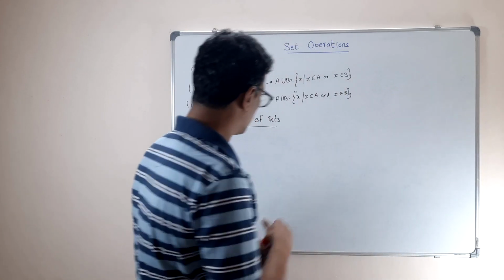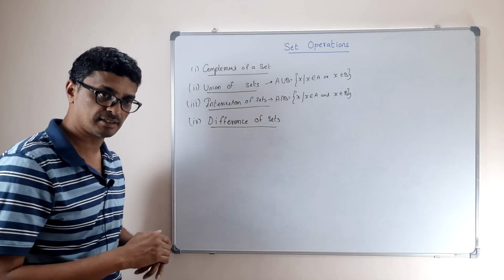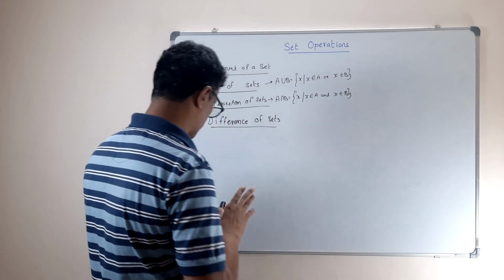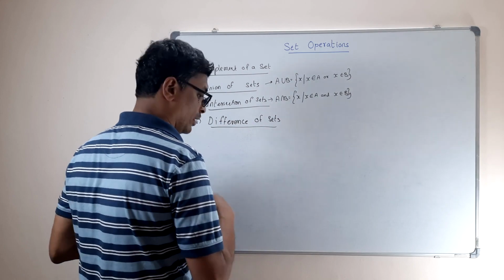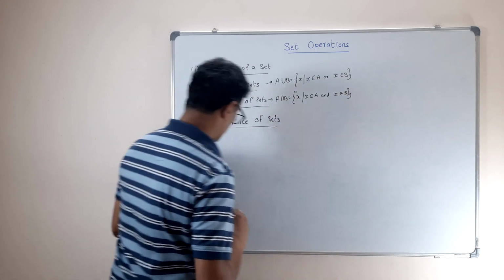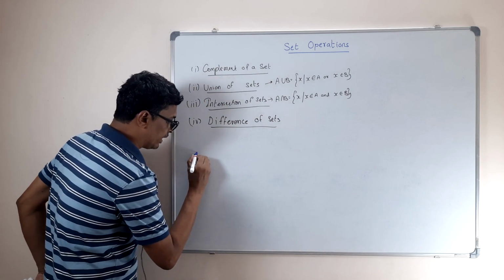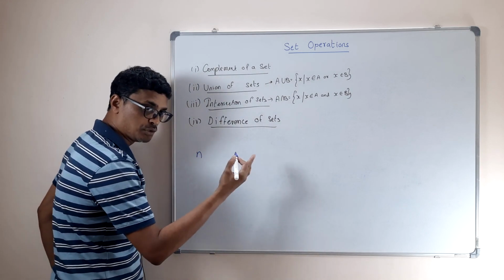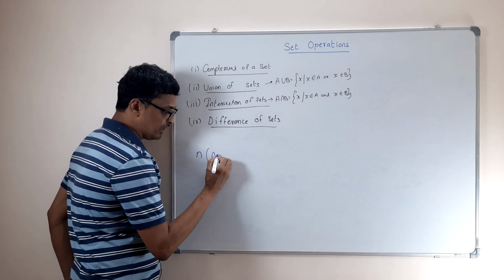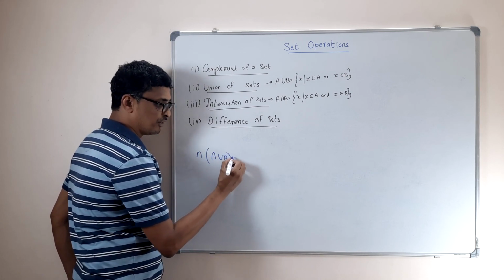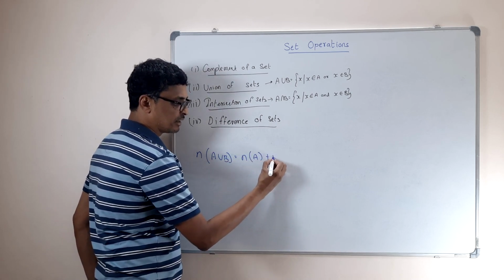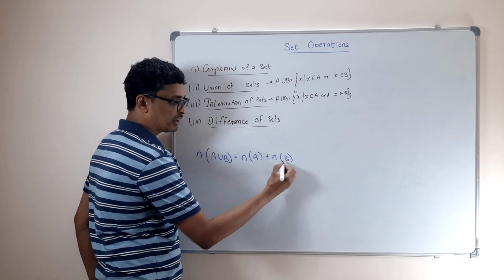Yeah, this is it. So see, the beauty of why we are defining this union intersection is what we can do. Now we can see the cardinality of, given two sets A and B, the cardinality of A union B will be equal to cardinality of A plus cardinality of B. Is this correct?